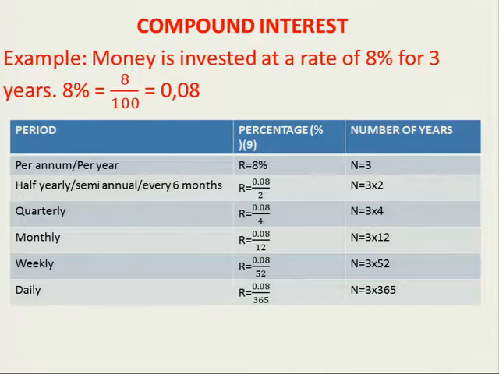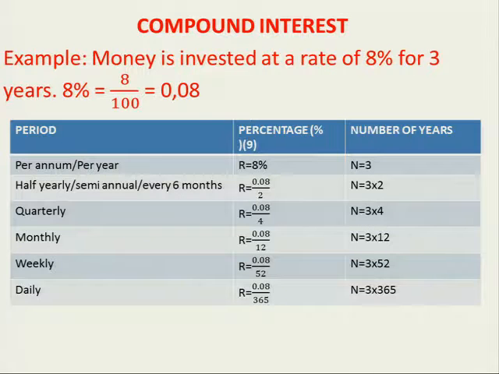And then we come to the next one. If the instruction says you must do it quarterly, that means your interest, you're going to divide it by 4, and then your number of years, you're going to multiply by 4. If it's monthly, in 1 year, we have 12 months.